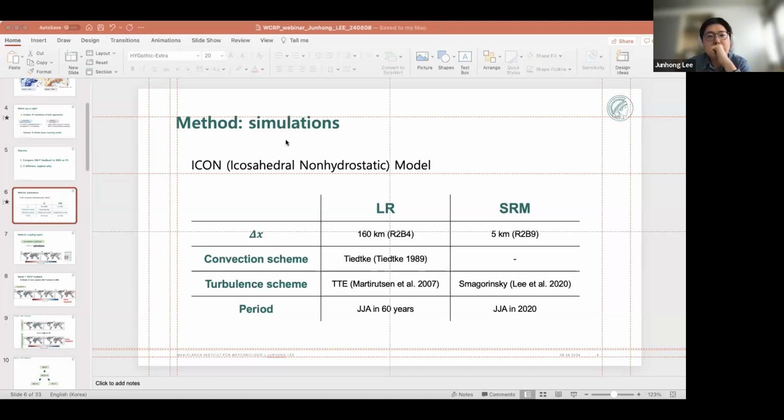Junhong, can you answer? So let me check. Okay. Yes. I'm starting to look at the long-term simulation results. At the moment, I really cannot say anything on that, but I believe we can isolate it.